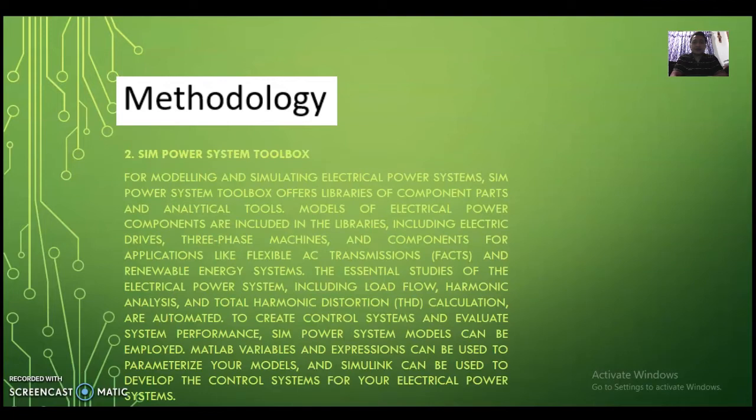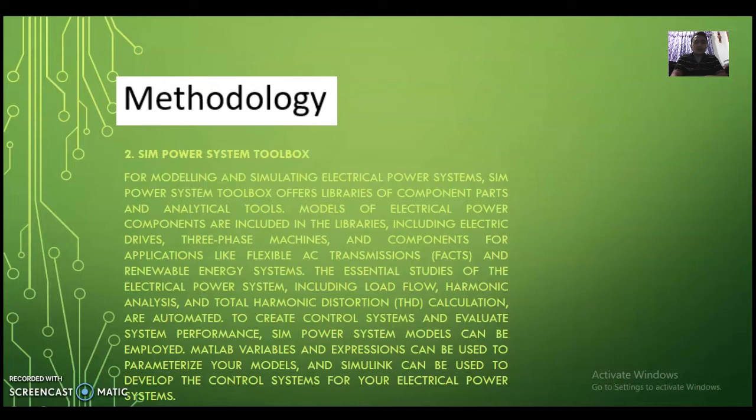Then for the SimPowerSystems toolbox, for modeling and simulating electrical power systems, it offers libraries, component parts and analytical tools. Models of electrical power components are included in the library, including electric drives, three-phase machines, and components for applications like flexible AC transmission and renewable energy systems.